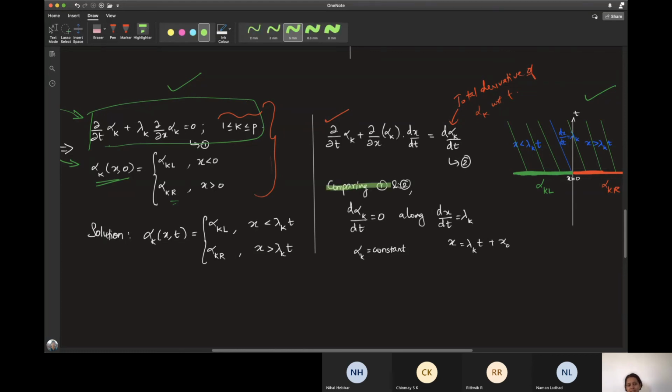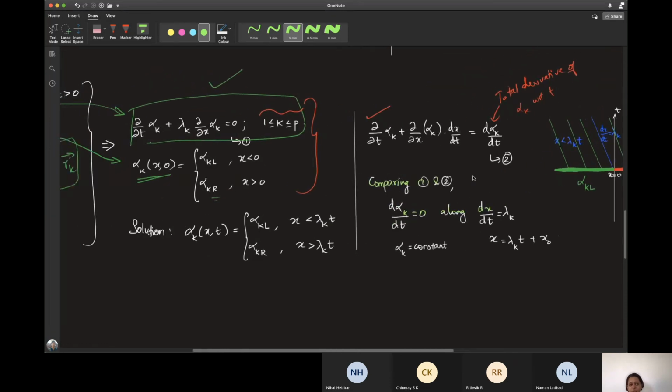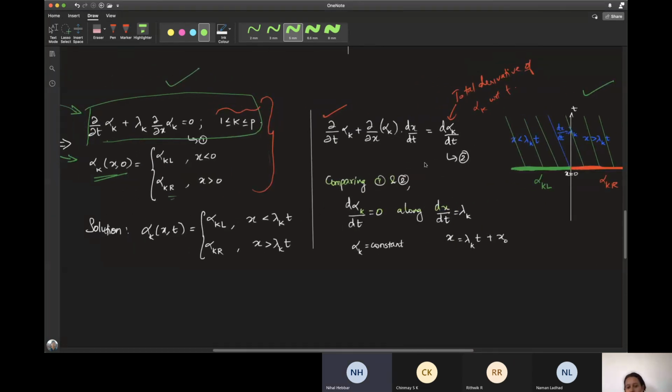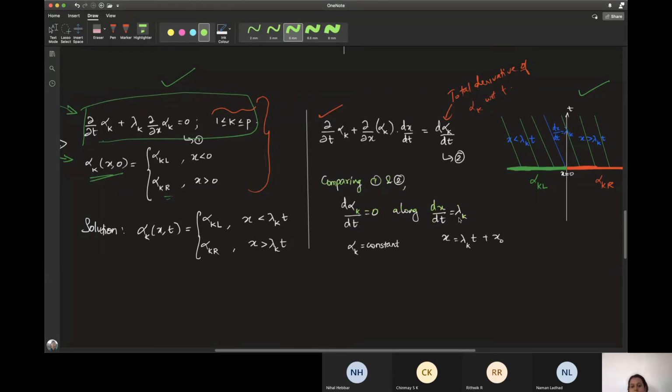Is this comparison clear? Is there any doubt with this comparison? I think we have done it before. Yes, ma'am. So out of this comparison, you get d alpha k by dt equals 0 along this specific line.